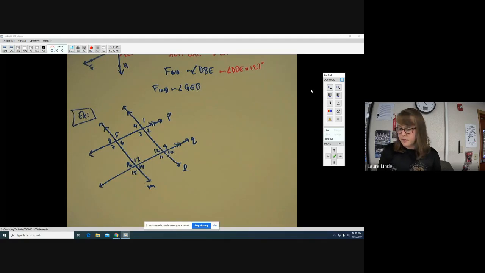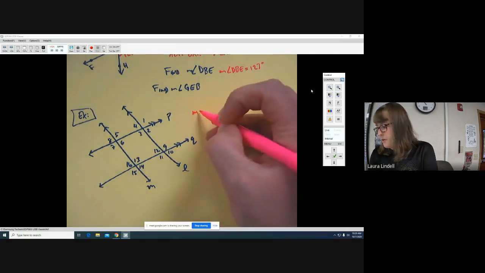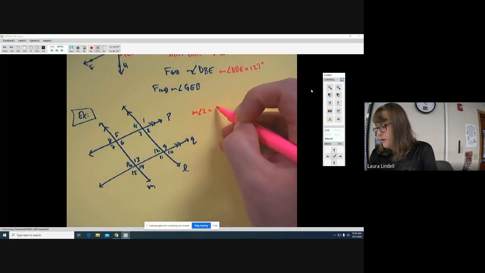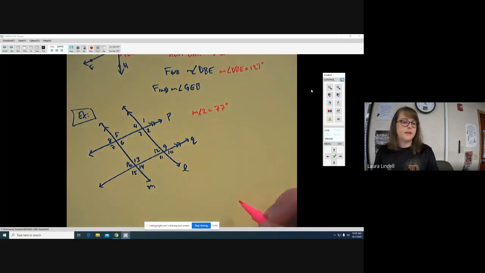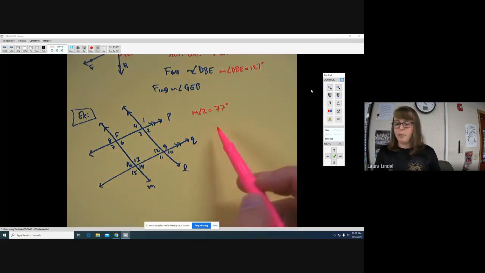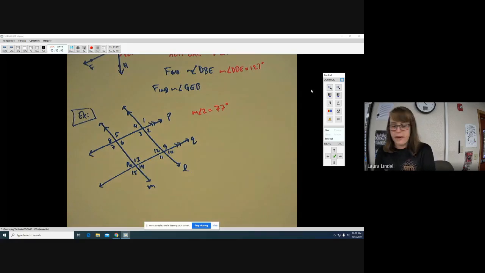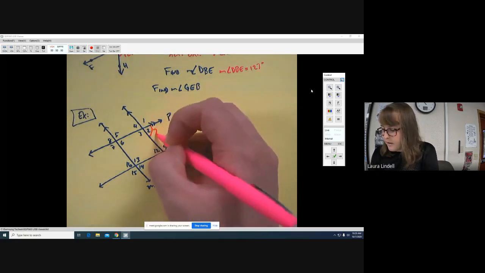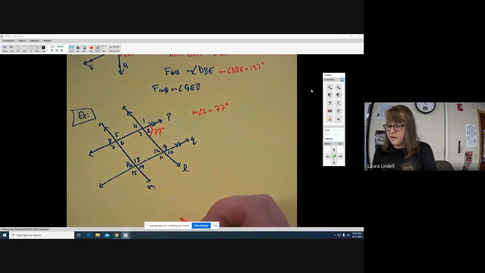So we will say that measure of angle 2 is 77 degrees. That's something that's going to be given to us in the problem. So we're going to go over to angle 2, and we're going to label it as 77 degrees. Okay.